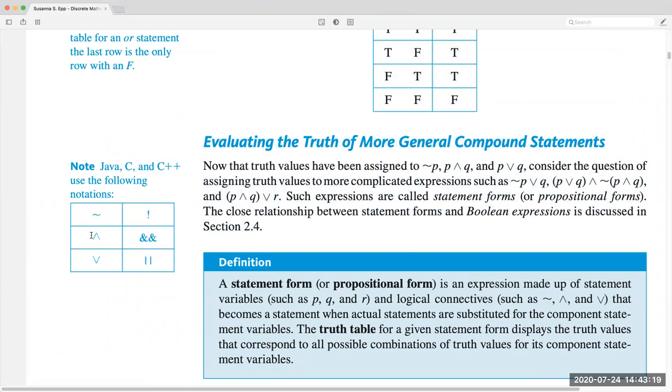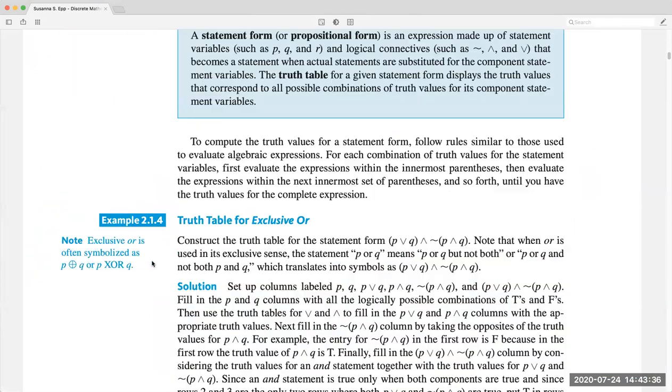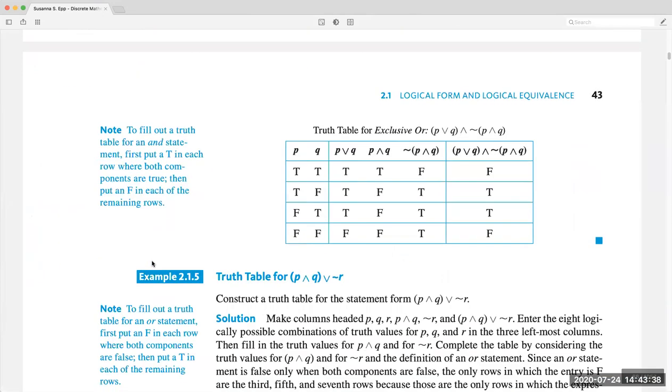Because you can't type this symbol in, in the programming language, they use this one to represent and, and this one to represent or. Okay. So let's go on to have a look at some more truth tables.